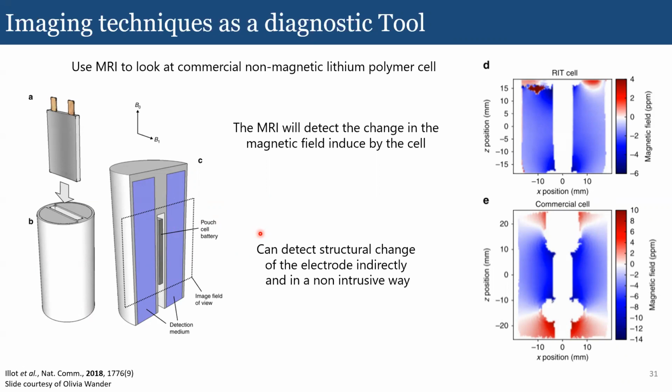They are not actually looking directly at the battery, but at the impact of the battery around itself, especially the change in the magnetic field that it induces in that sample holder. And they were imaging the sample holder to see how defects in the cell, like manufacturing defects, could be seen.